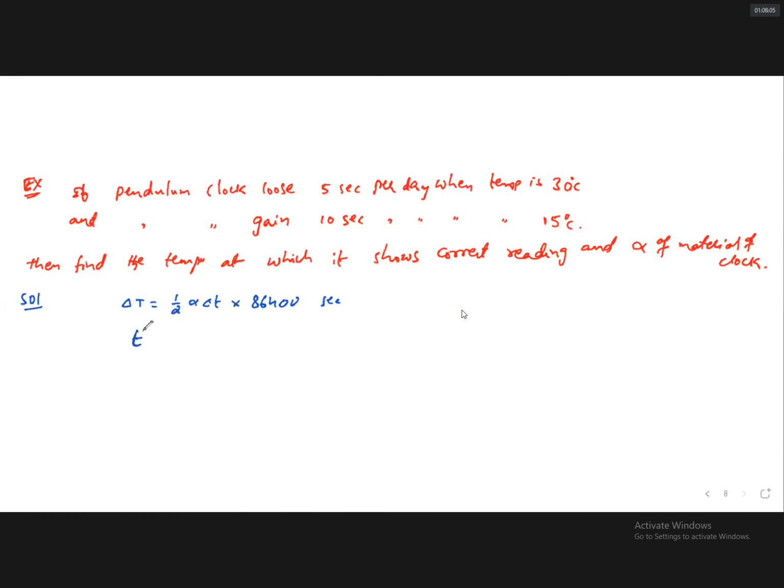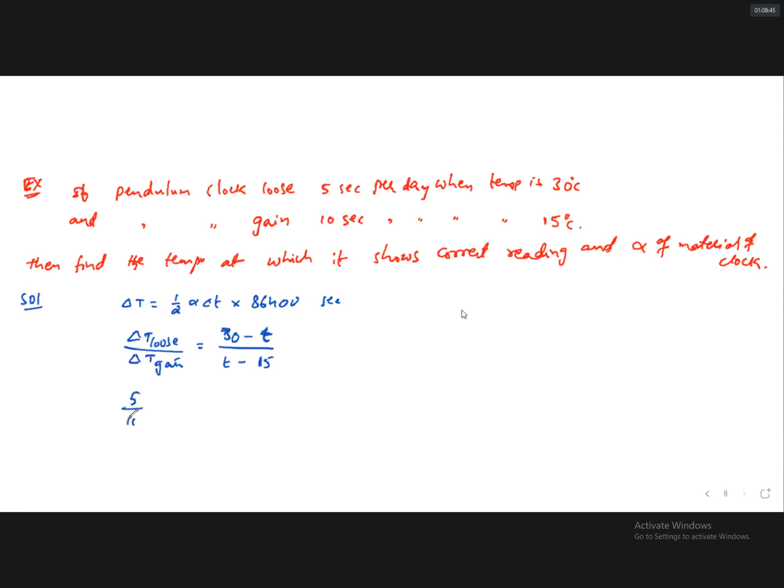Therefore, delta T lose by delta T gain, the loss of time by gain of time, where the calibrated temperature of the pendulum is some T degree Celsius. When the temperature is decreased less than the calibrated temperature, it gains the time. When the temperature is increased more than the calibrated temperature, it loses the time.